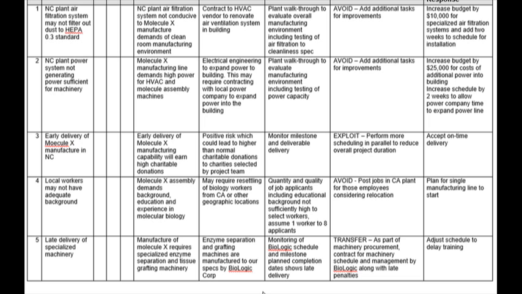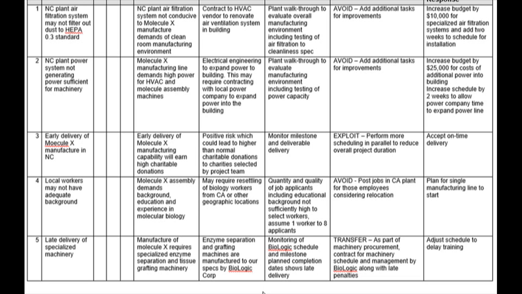Now I want to point 2 other things out. Look at risk number 3. Early delivery of molecule X manufacturer in North Carolina. The description is the early delivery will earn a high charitable donation. This is an example of a positive risk. All risks are not necessarily negative.